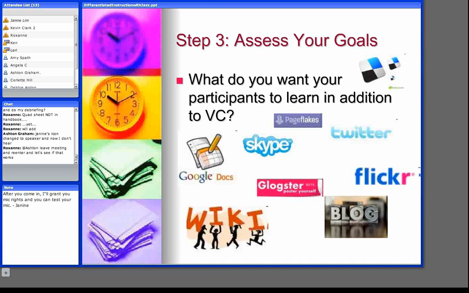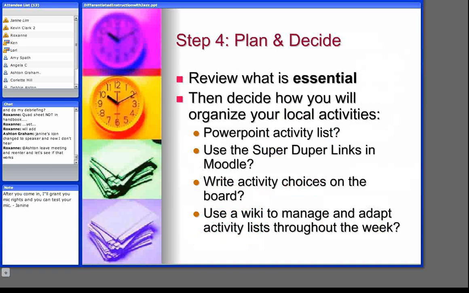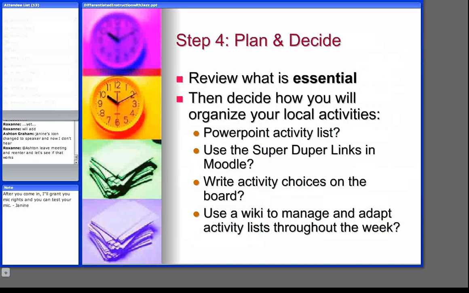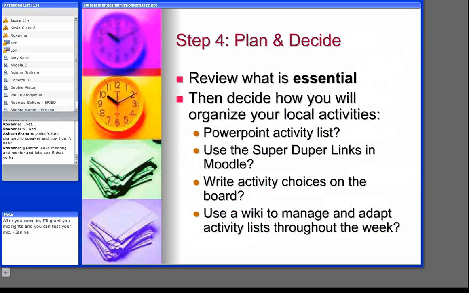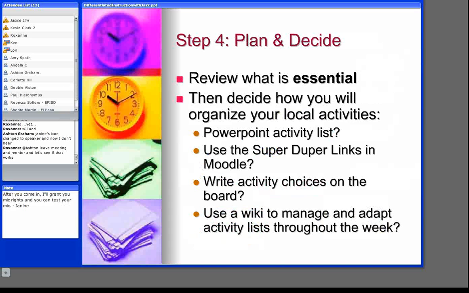About that as well. What is it that you want to cover? And then review what's essential. Absolutely, I want to make sure everybody absolutely gets this done so that you have an idea of, this is kind of optional. Other people are doing this, but I'm not going to because my people don't need that. That's the kind of thinking that you want to be doing.